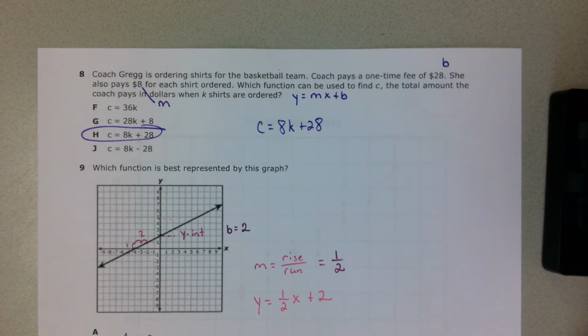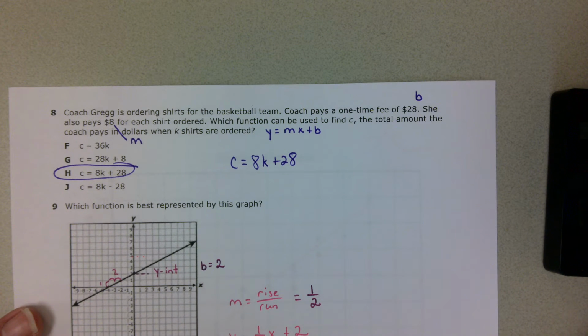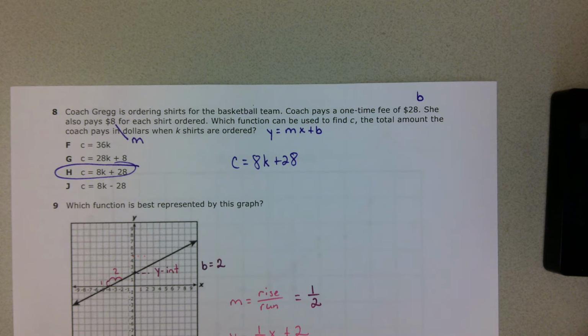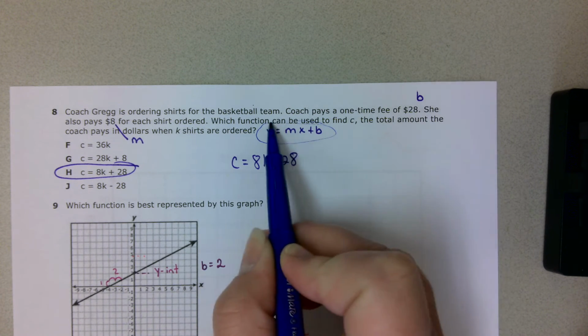Number 8, Coach Greg is ordering shirts for the basketball team. Coach pays a one-time fee of $28. She also pays $8 for each shirt order. Which function can be used to find C, the total amount the coach pays in dollars when K shirts are ordered? So we're using our slope-intercept form.